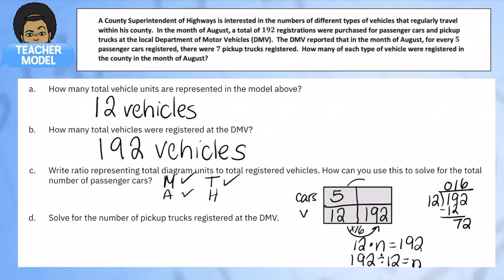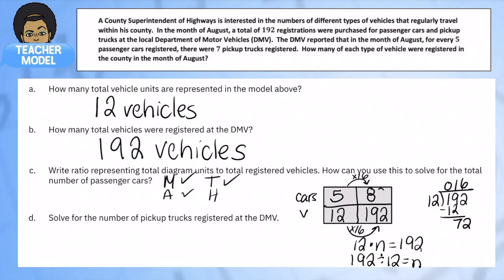So now think of my cars. If I drew 5 sets of cars 16 times, what would I get? How many cars would I have altogether? So you can just keep on adding 5 plus 5 plus 5 16 times. Or you can just do 16 times 5.